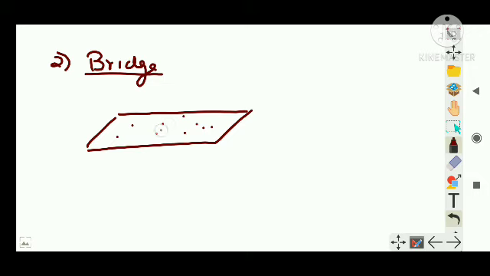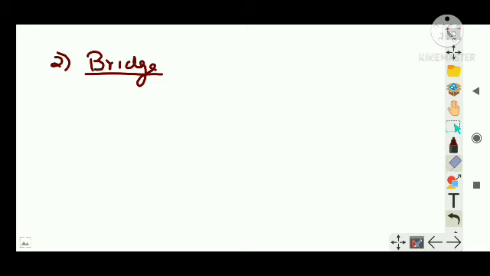So how many vehicles it can withstand should be calculated beforehand, before making the bridge. It has to be kept in mind how the ropes and so on extend. You would have seen in bridge construction there will be a rope system and a pillar system, right? So the entire thing has to be calculated.